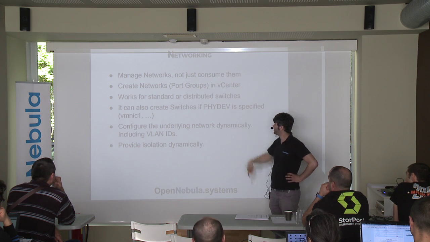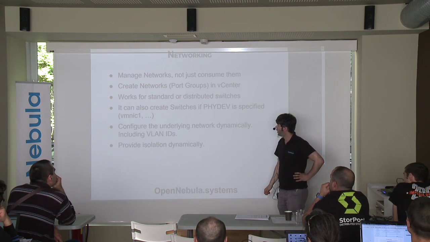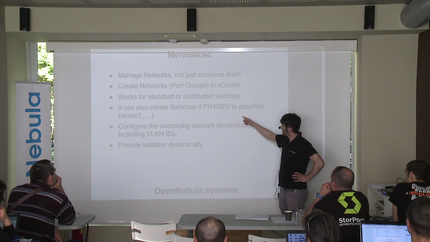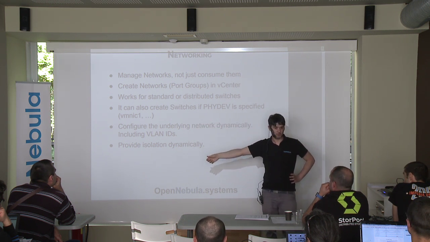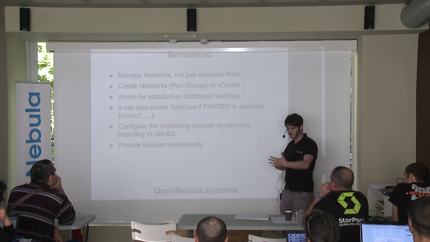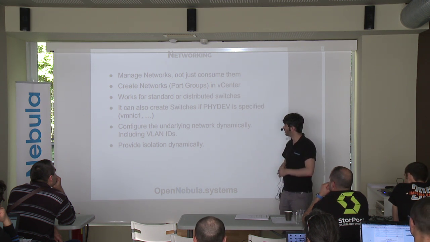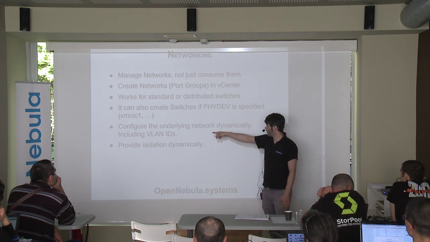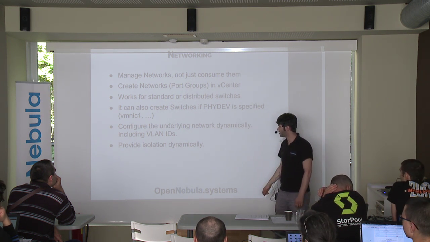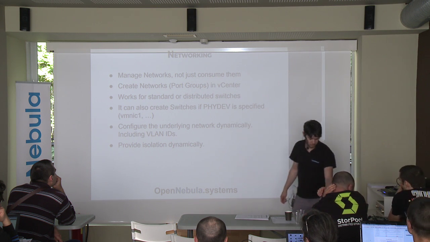It works for standard and distributed switches. You can specify the physical device like in KVM, so you can say which is going to be the physical port where the switches are going to be connected. You can change the VLAN IDs and provide isolation.